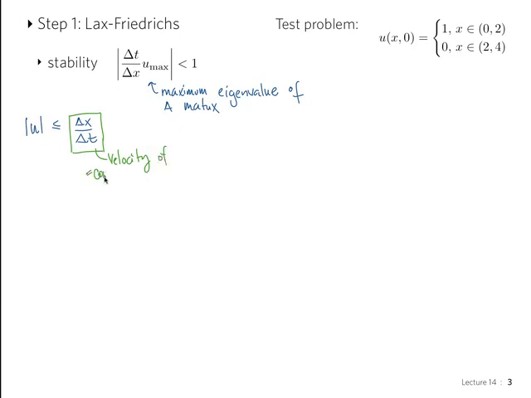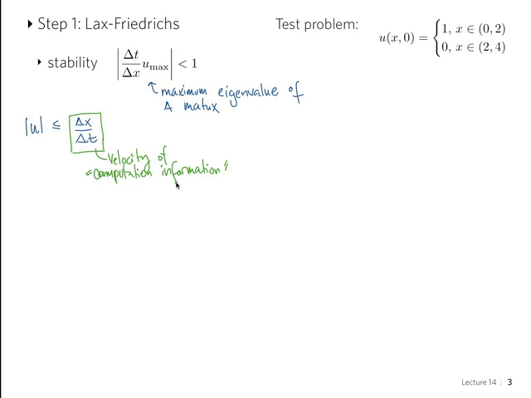Let's call it the computational information. So our interpretation was that the solution itself must not move faster than we can move the information in the computational scheme.